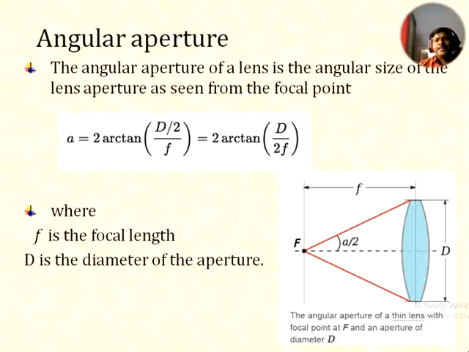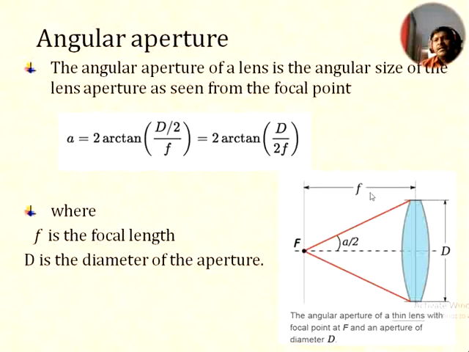So here, when we take that 2 common, 2 arctan in bracket d divided by 2f, where d is the diameter of the aperture and f is the focal length. See, here is the f, that is denoted by the arrows, and here is the focal length.